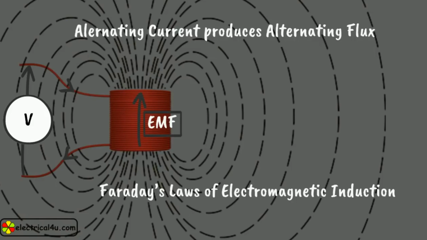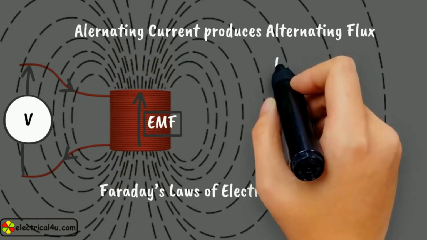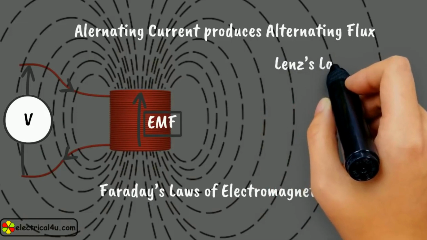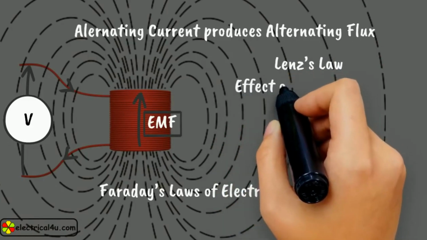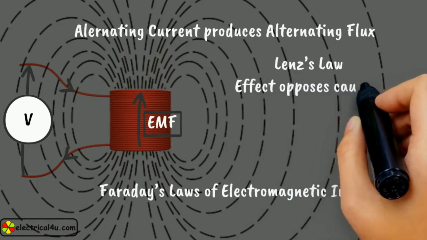So we can say that the supply voltage is the cause, and the induced voltage in the winding is an effect of this cause. Hence, according to Lenz's law, this induced voltage will be in opposite polarity to the supply voltage, since, according to Lenz's law, effect always opposes cause.